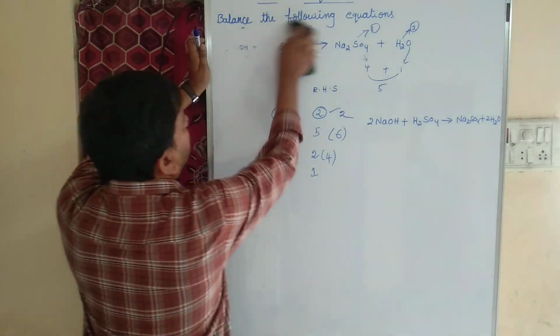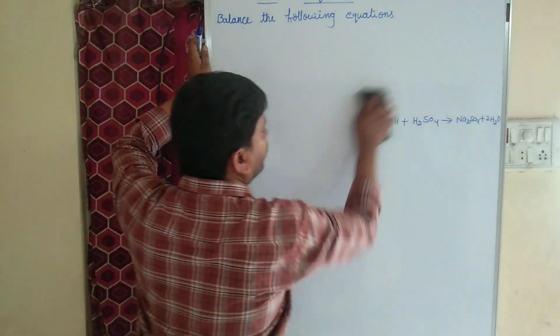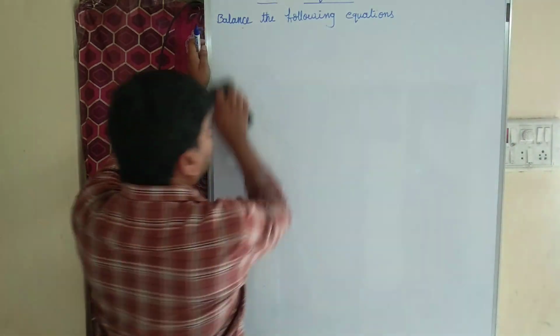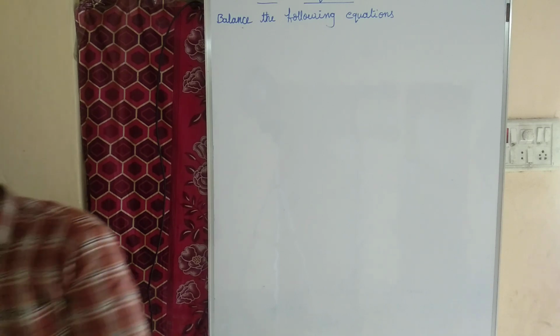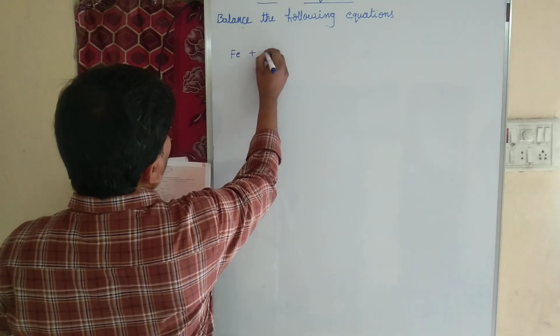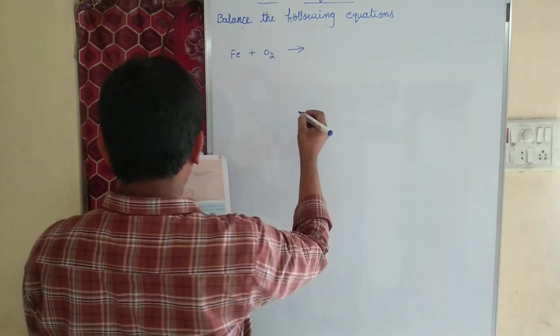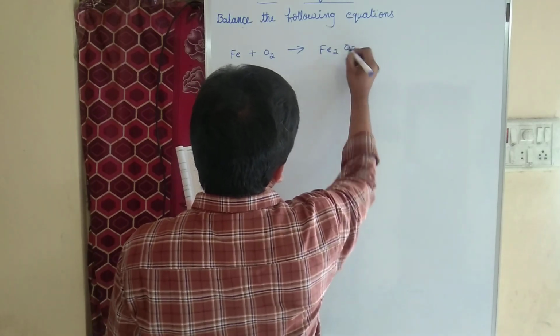Now whatever the chemical equations, let them give, we can do it easily, children. Okay? Few more examples let us do. Fe plus O2, iron plus oxygen. Fe plus O2 gives rise to iron oxide Fe2O3.